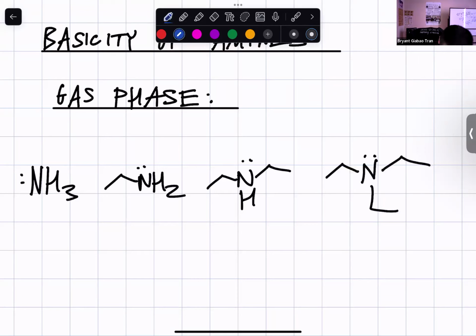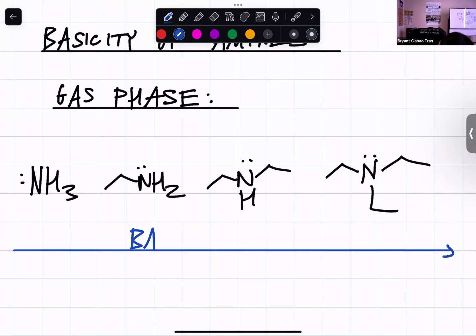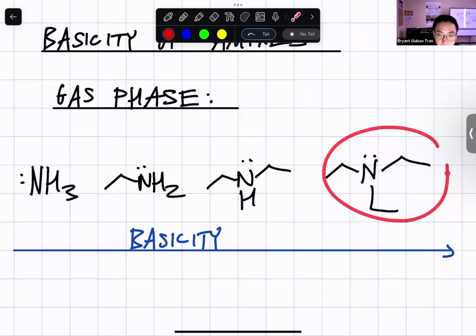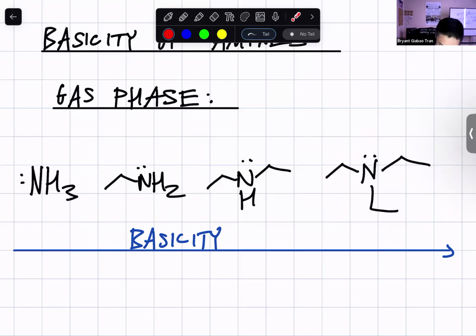Going from left to right is increasing in basicity. This tertiary amine here is the most basic compared to all these other amines in gas phase. That's the important scenario.